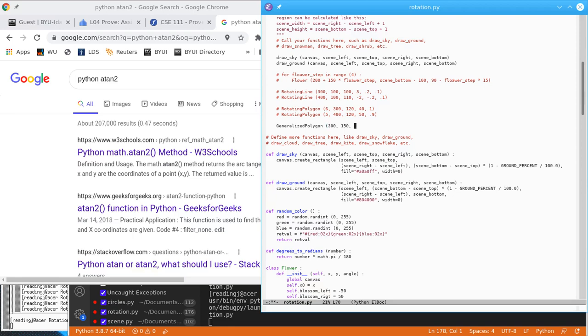And then it's going to take a list of vertices, all right? And so let's do, if I'm centered at 300, 150, I'm going to start off at 300, 140, so just a little bit above the middle, and I'm going to go straight up to 300, 100.